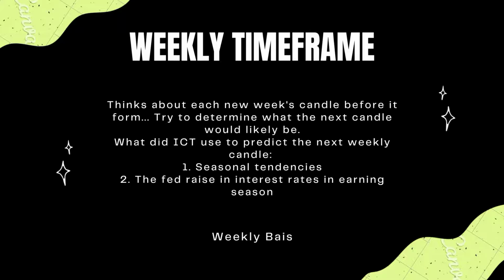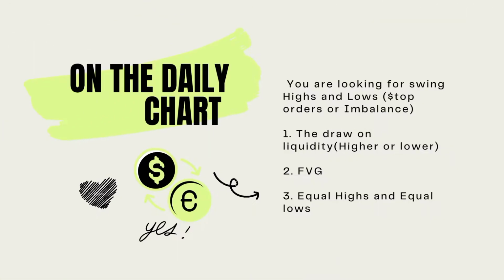I know going forward, there are other things we're going to add to determine our bias. So going to the daily, once you've gotten that, you go to the daily. On the daily, what I'm looking out for is the fair value gaps, the draw on liquidity, either to the high or the low. They're looking for swing highs and lows.